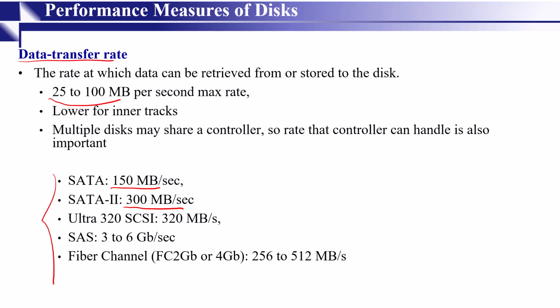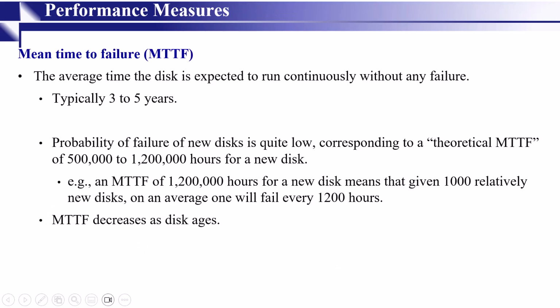Then we have Ultra 320 SCSI, 320 megabytes per second. SAS is up to 6 gigabits per second, and Fibre Channel up to 512 megabytes per second.